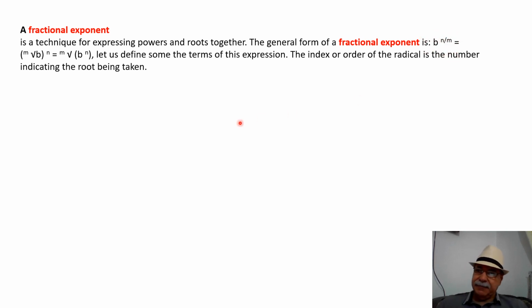Or we have the m-th root of b to the n, which may be a cube root, square root, or fourth, sixth or seventh root. We don't know. This is the fraction exponent.